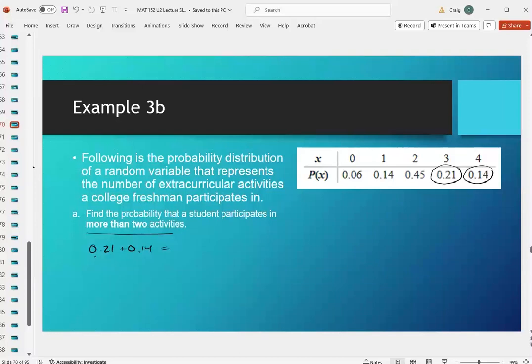Add them up, we get 0.35, or 35%. And so the probability of more than 2 is just the probability of 3 plus the probability of 4. Because there's a 21% chance we could randomly choose somebody with 3, 14% we could randomly choose somebody with 4, 35% we could choose either one.